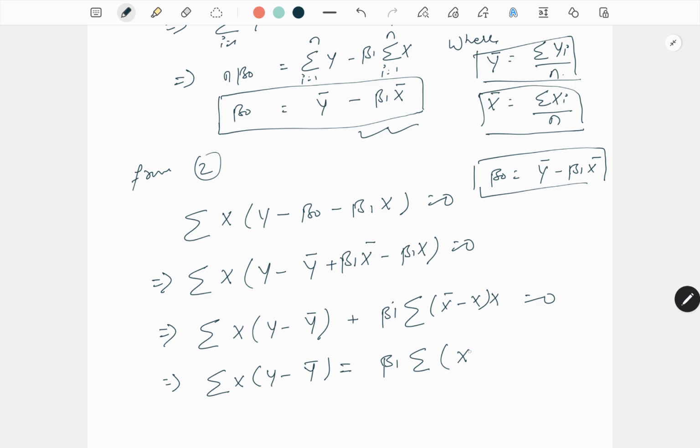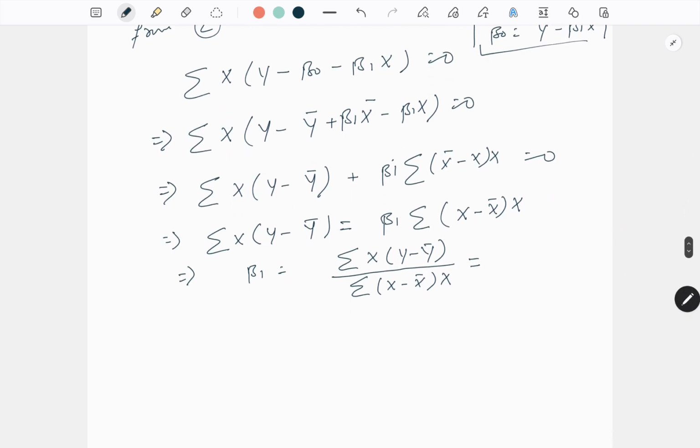If we take this to the right side, we get x minus x mean into x. From here we can write beta 1 equal to the sum over x times (y minus y bar), divided by the sum over (x minus x bar) into x.